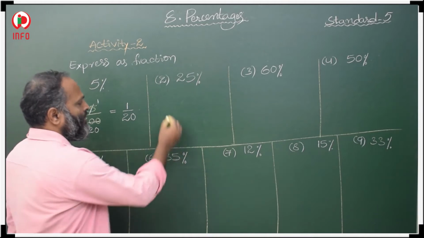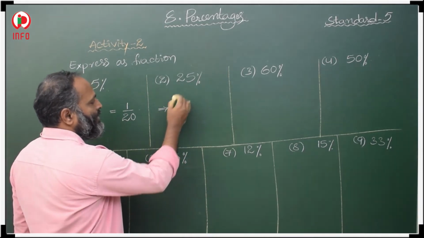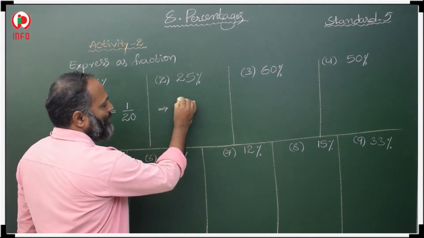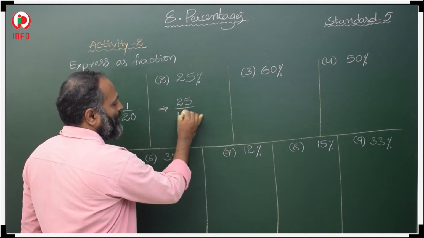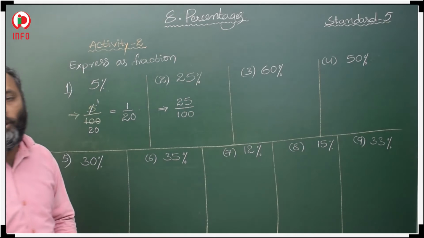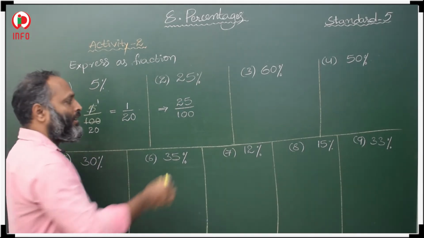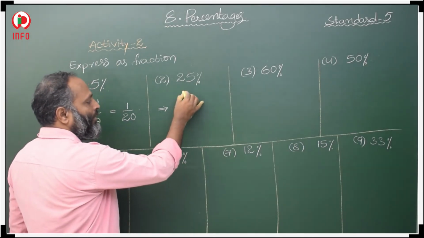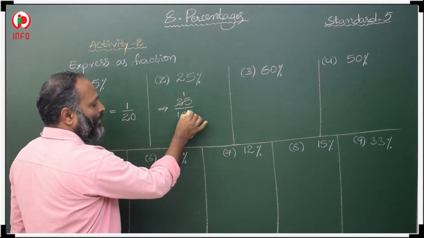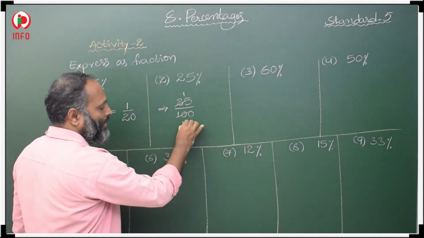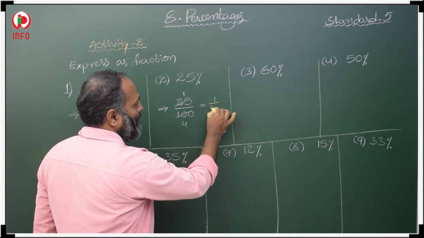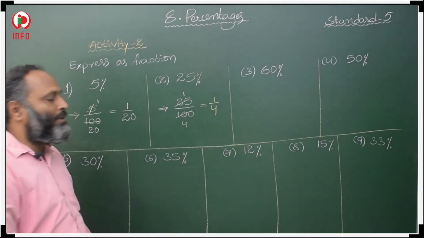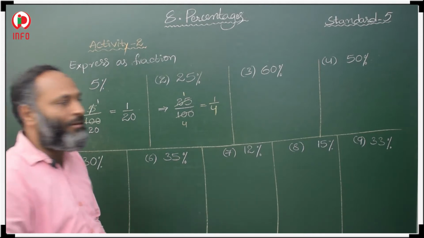The next one, 25%. The given percent we divide by the total percent, 100. 25 ones are 25, 25 fours are 100. It is 1 by 4. 25% in fraction is 1 by 4.